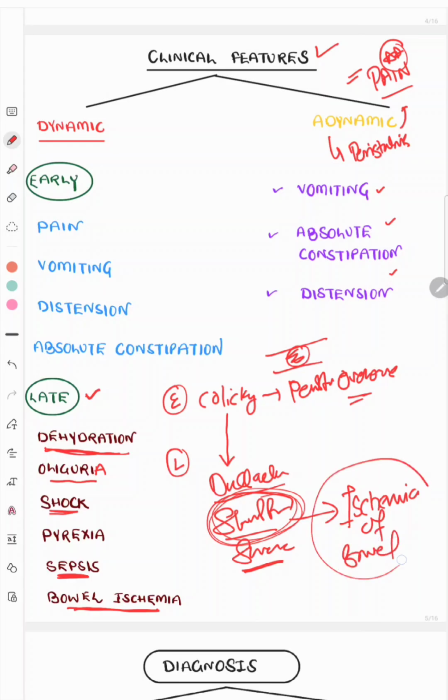When ischemia settles in, it will lead to sharp, severe pain. So it is very important in an intestinal obstruction case to know about the character of pain the patient is having. So take the history properly.